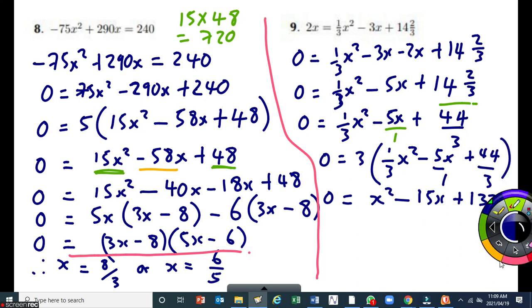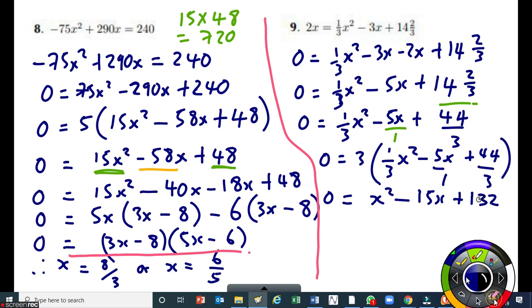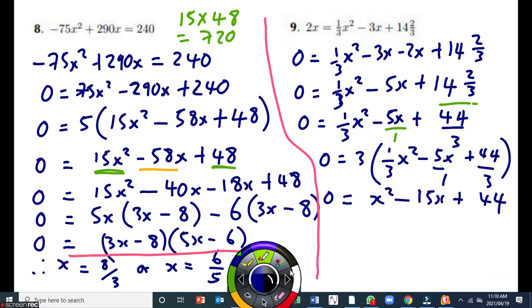Oh, okay, I see what you mean. All right, I see what you mean. I made a mistake here. Sorry, that's supposed to be the 44. You are right, it's supposed to be 44. So that becomes equal to 0, thank you for that.